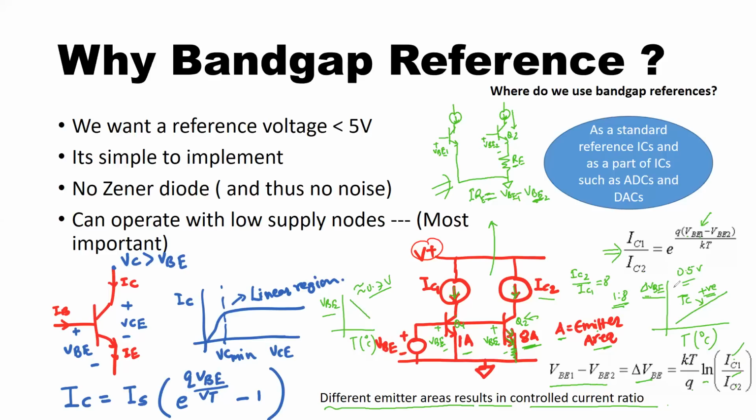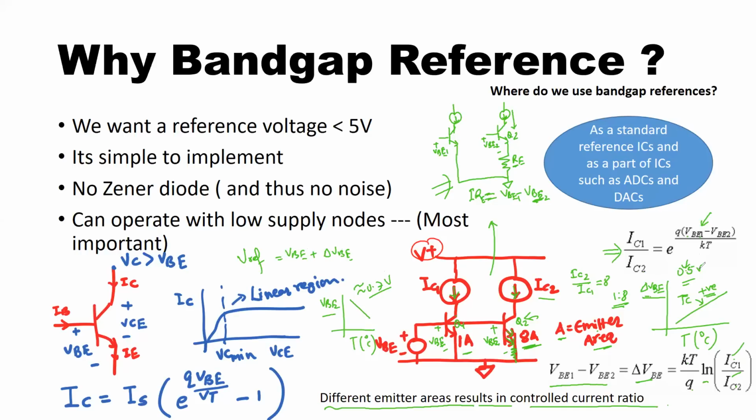Then only after summing this, the VBE plus delta VBE would be your V reference. Okay, so delta VBE is usually not on the order of 0.5 volts, right?